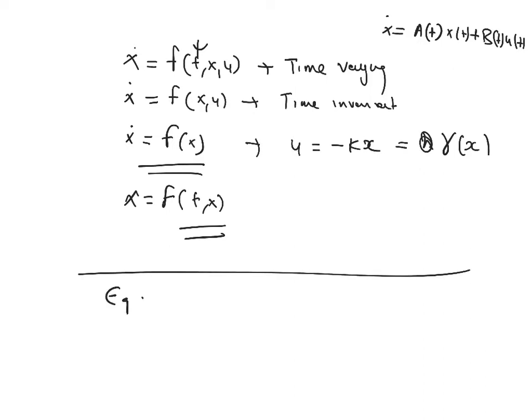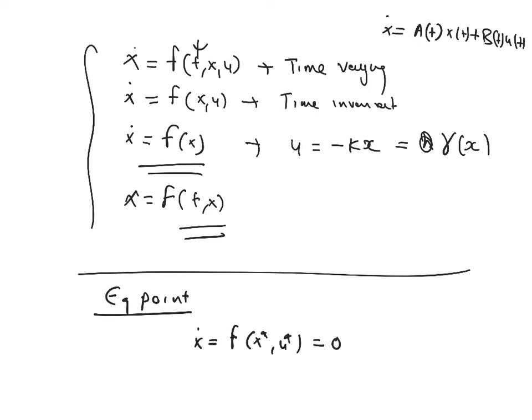Now, equilibrium points. You guys already know that once you have taken that class. An equilibrium point is basically a point where x dot equals f of x star, u star equals 0. Basically x dot has to be 0.